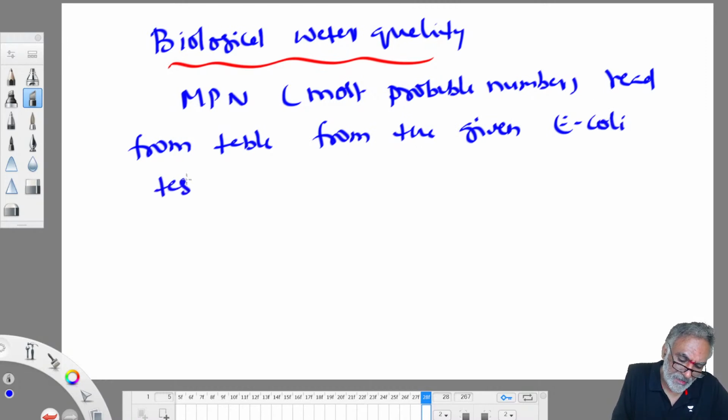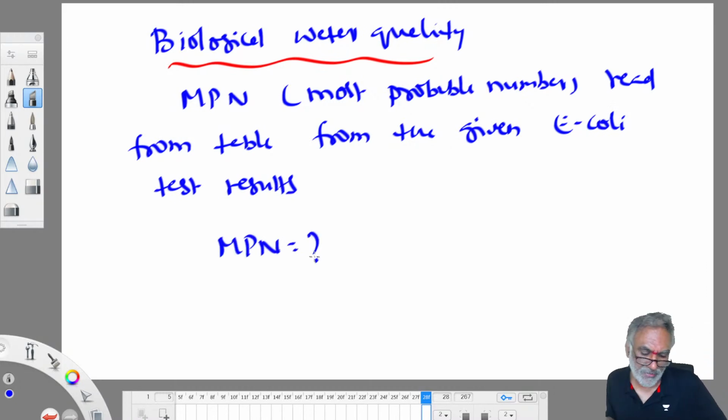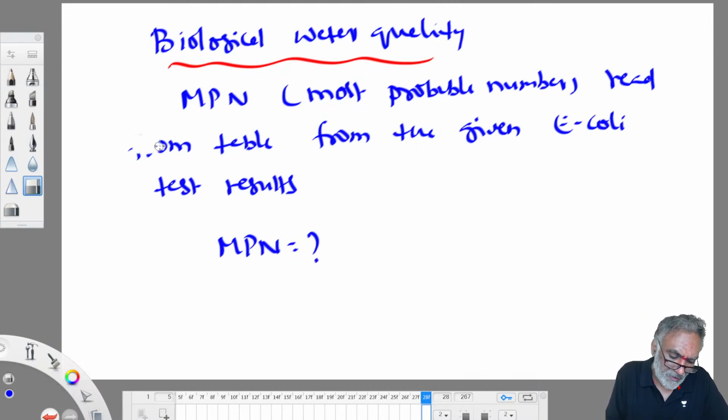From the given E. coli test results, you work out the MPN value. How to rate and all we already discussed.